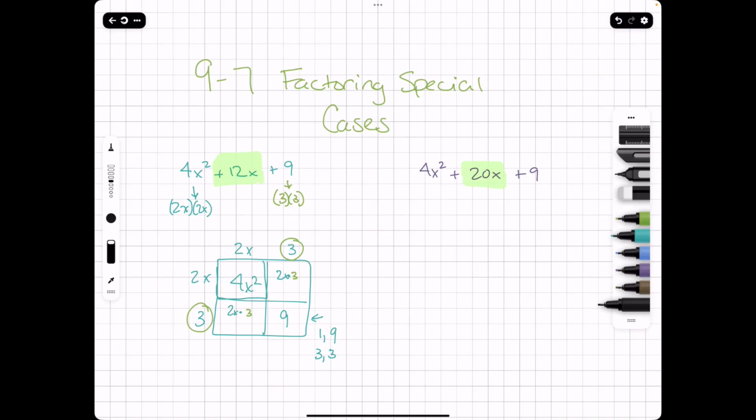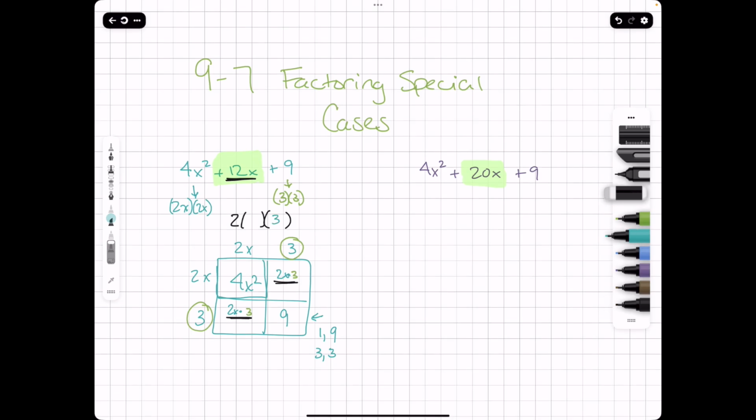This middle term is 2 times each of those factors that were involved: the 3 and the 2x. So I used one of these factors and one of these factors here.